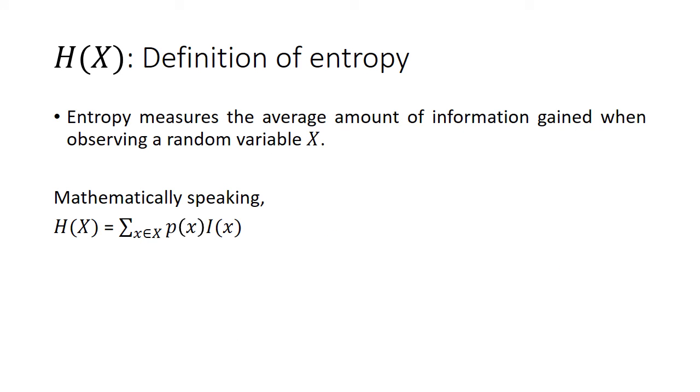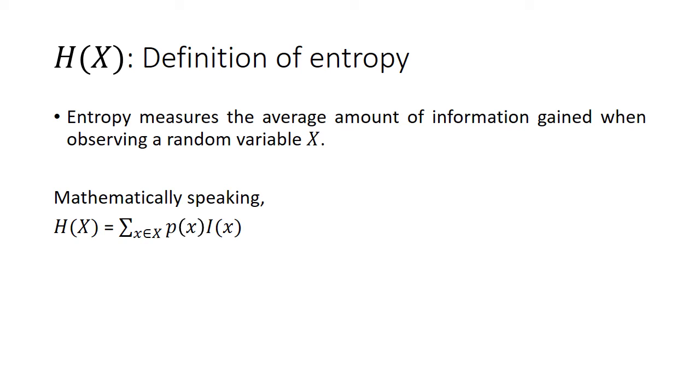In terms of the mathematical expression, now let's derive that mathematical expression. We know that entropy is basically the weighted average of information of x, and therefore it is sigma of p of x times I of x over all possible values of x within the random variable capital X. So in the set of values that the random variable x can take.